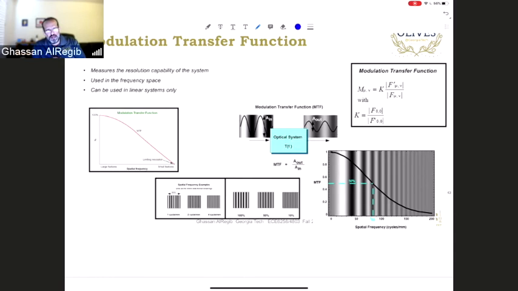At low frequency, we have really high sensitivity, and then that keeps dropping until we get to high frequency. That's how sensitive an optical system is in general, and that's the modulation transfer function. It's the optical system we talked about before, the optical transfer function.